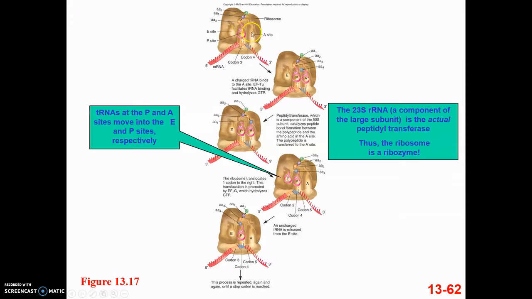The A site is empty. A new transfer RNA will come in that can base pair with the next codon. Now, this step of putting in a new transfer RNA into this A site is actually slightly more complicated than it appears.